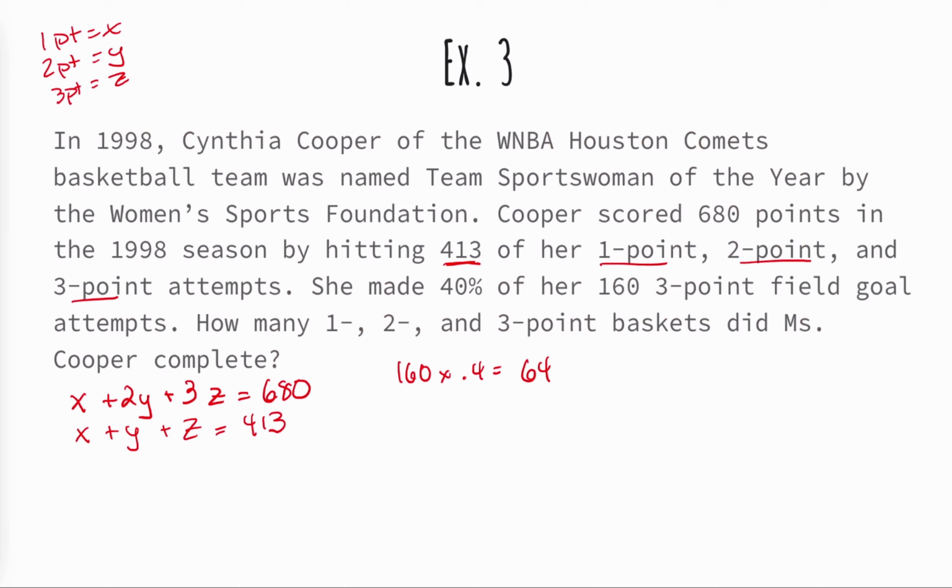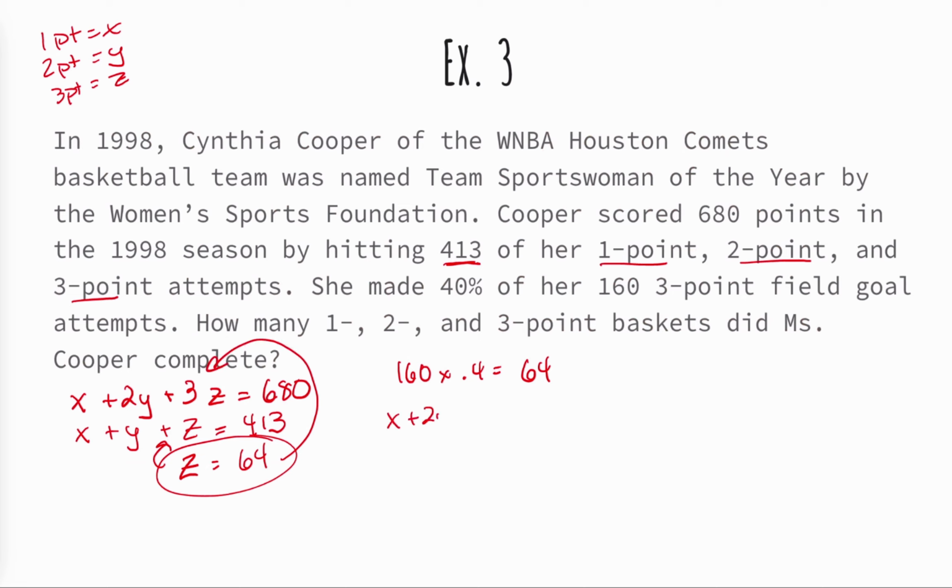So that tells us that the number of 3-pointers that she made was 64. Because we have z by itself, that makes substitution seem like a good choice here. So we're going to take this z and plug this into the other two equations.